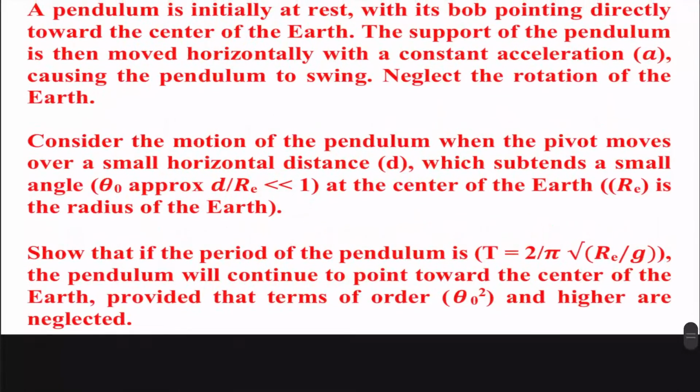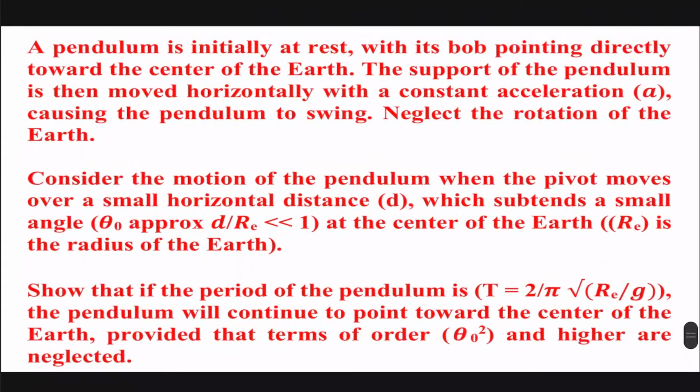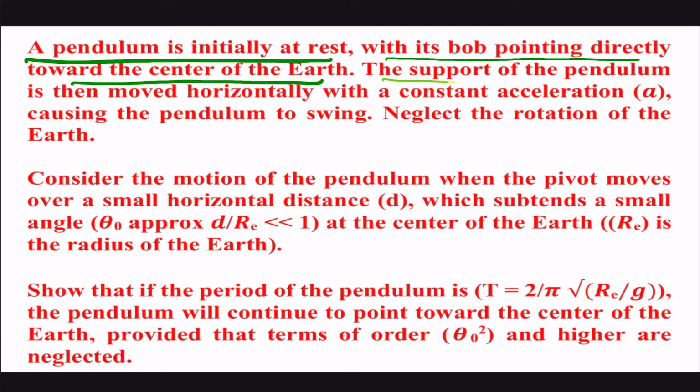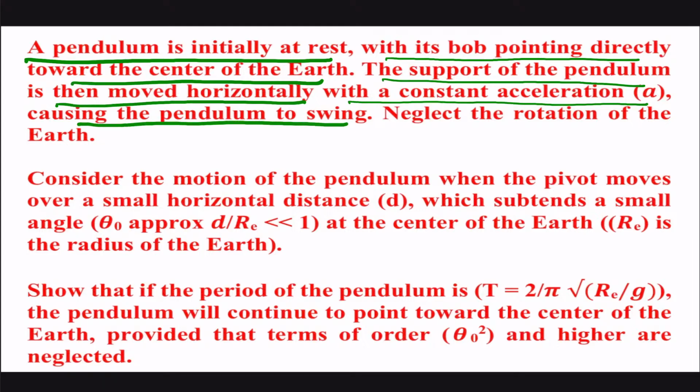So in this case, it states that a pendulum is initially at rest with its bob pointing directly toward the center of the earth. The support of the pendulum is then moved horizontally with a constant acceleration A, causing the pendulum to swing. Neglect the rotation of the earth.